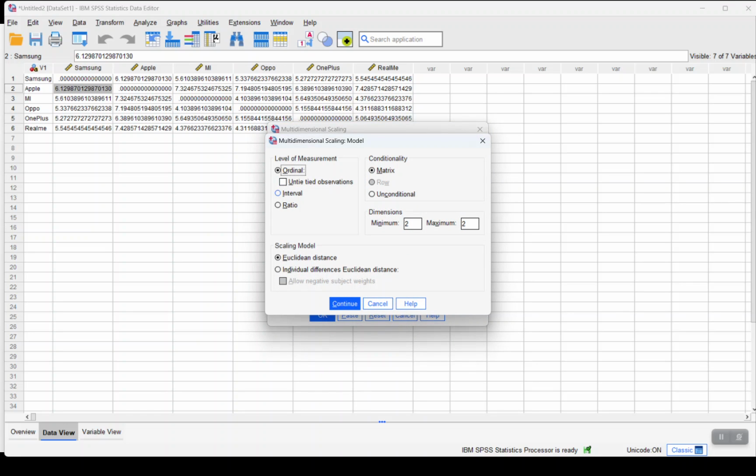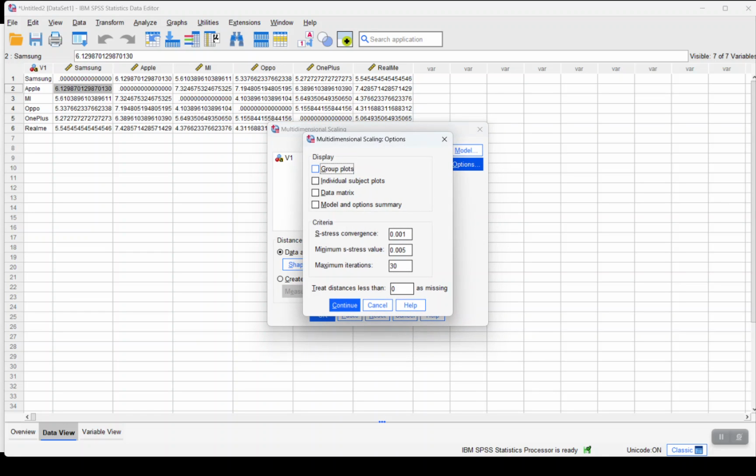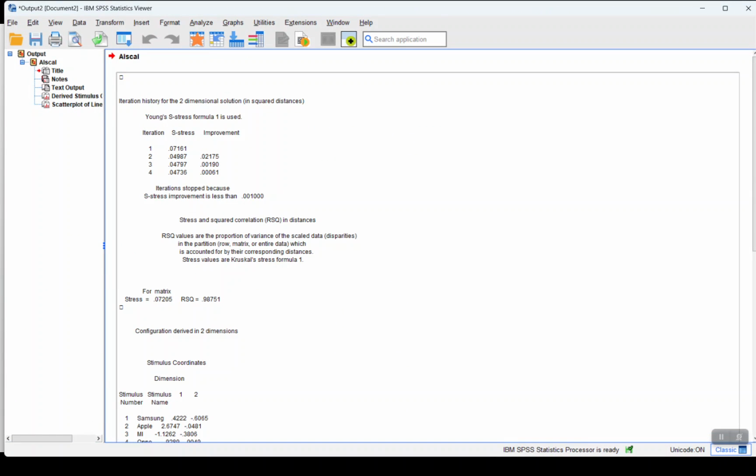Click on model because they are all interval values. I'll click on interval. We are trying to generate a 2x2 dimension quadrant, so it's what we have put here. For options, we will check group plots, and we see about stress. We'll come to that in a moment. What is stress and R squared? We click on continue here, and we click on OK.